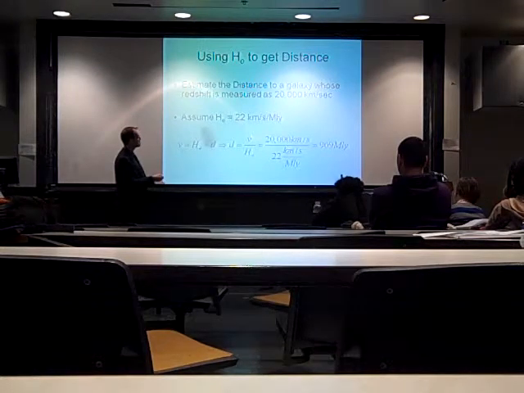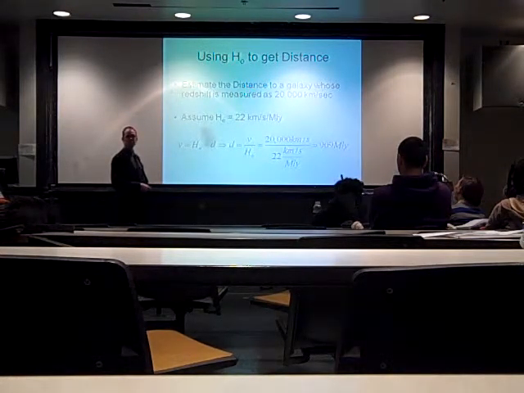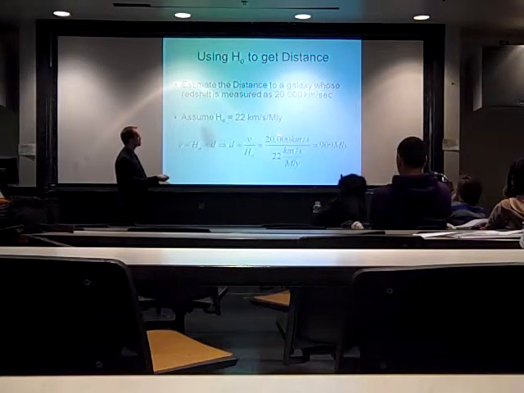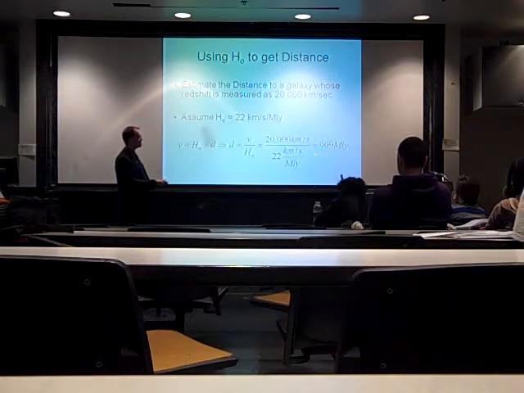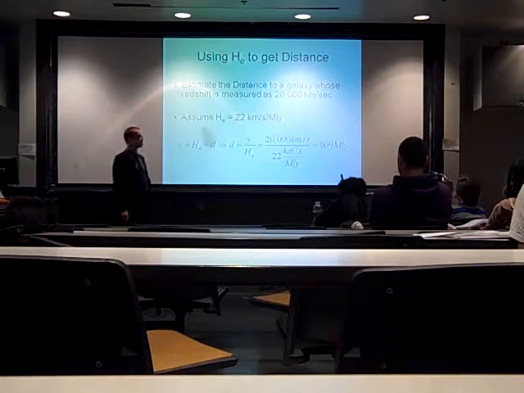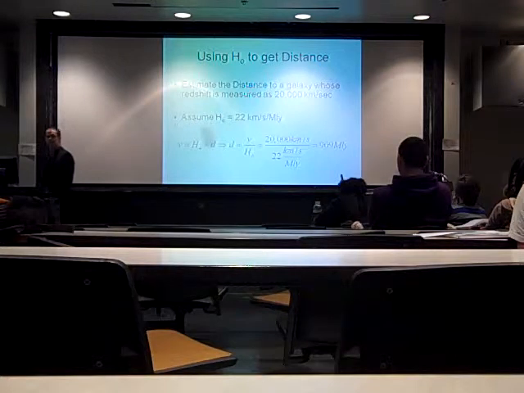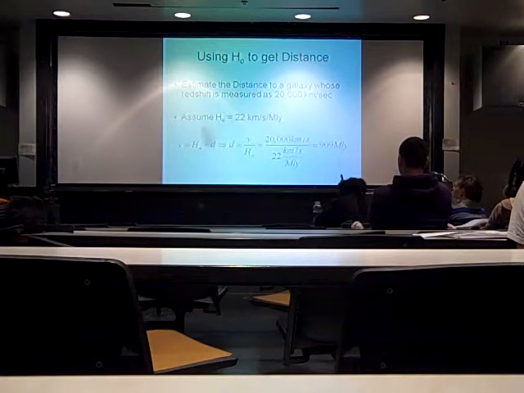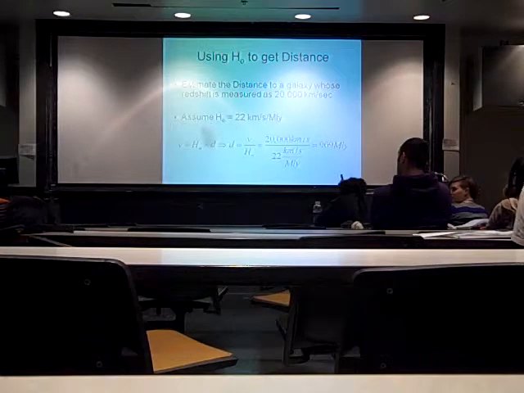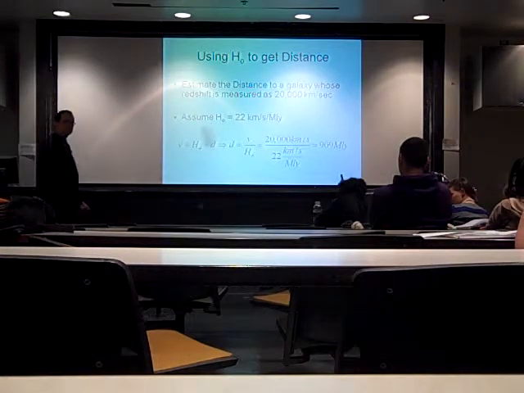So d is equal to the velocity over the Hubble constant. I plug in that 20,000 kilometers per second, and I told you that Hubble's constant is 22 kilometers per second per mega light year. If I divide these, I get how many light years away it is. In this case, this object is 909 million light years away. Quite far away, but not that far by the scale of the whole universe.